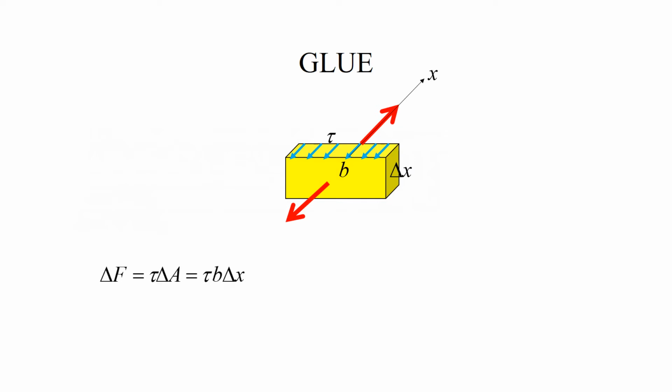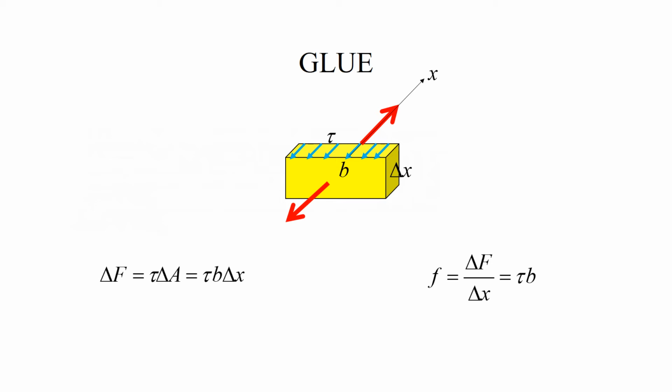First, the force to be supported by the glue is equal to tau, the shear stress, times delta A. Of course, delta A, the elementary area, is equal to b delta X. Now, the shear flow is delta F over delta X, which is simply tau b.